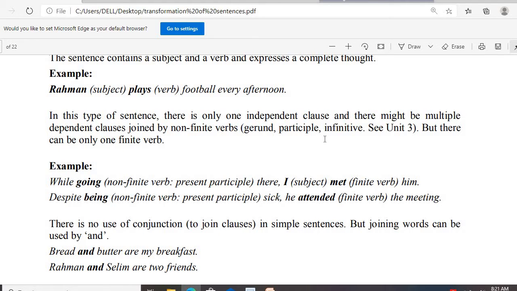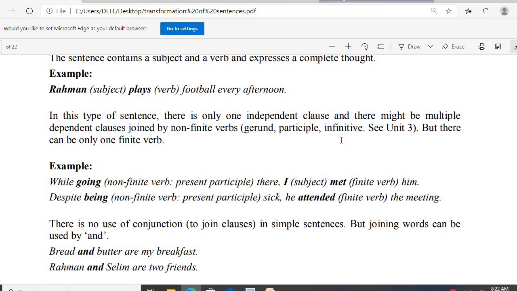If you have any problems, take the help of grammar to be clear about the definition of all these three things: gerund, participle, infinitive. These three things are called non-finite verbs.